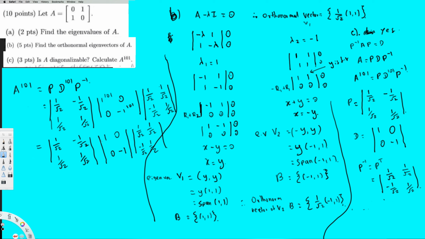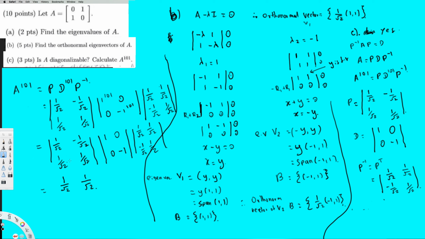Now I can multiply these two together. First row, first column: 1 over root 2 times 1 over root 2. Since it's 2 by 2, we are going to get the answer also 2 by 2. So 1 over root 2 times 1, this 0, and minus 1 over root 2 times 0, so it's going to be 1 over root 2. Second entry, first row, second column: 1 over root 2, this 0, minus 1 over root 2 times minus 1, it's going to be plus 1 over root 2.